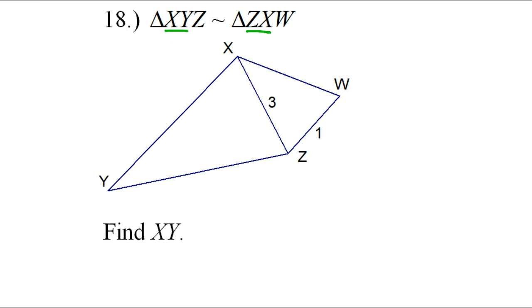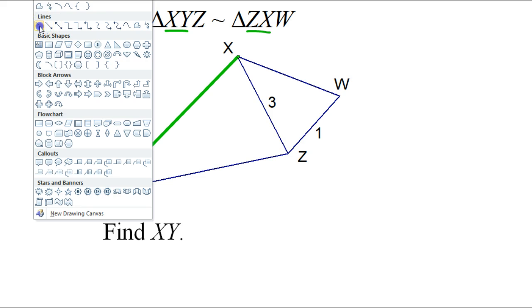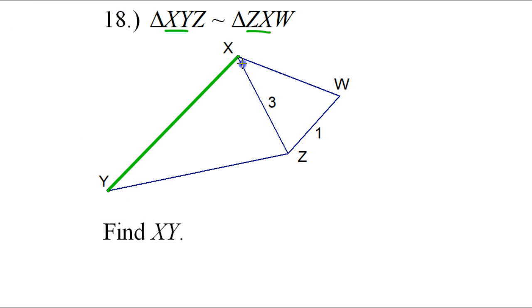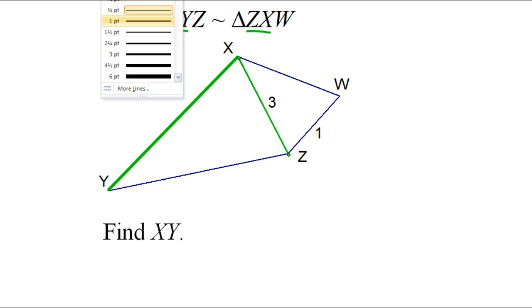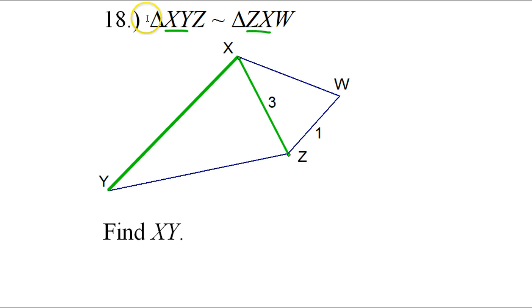Okay, so XY is right here. Okay, I'm going to color it green. All right, so that should be proportional to ZX. Okay, so that should be proportional to this part of the other triangle. So I'm going to color that green as well.